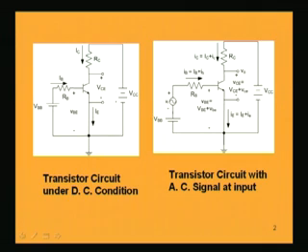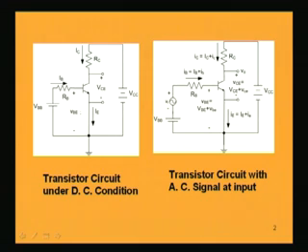Using a common emitter transistor in NPN configuration, we have this input circuit between base and emitter, and the emitter is grounded. By VBB, forward biasing is done in the input circuit, and the collector base junction is reverse biased by the application of the source VCC.